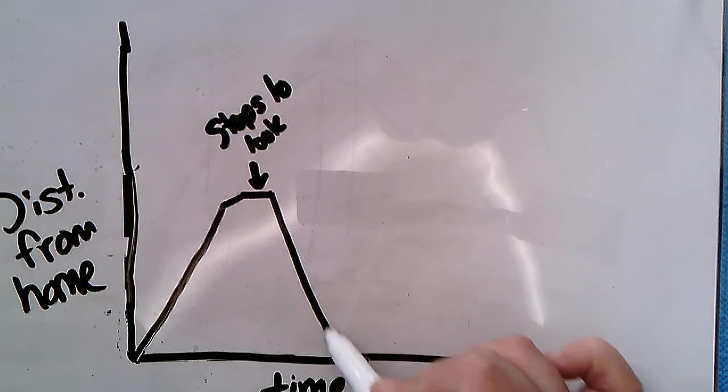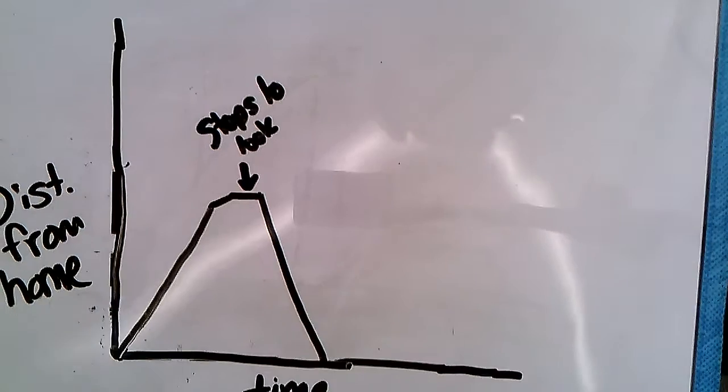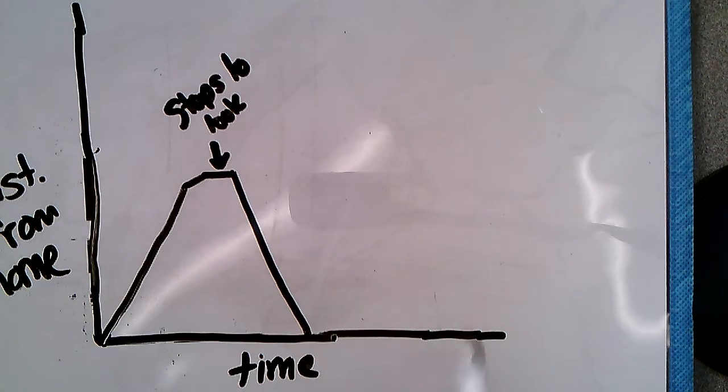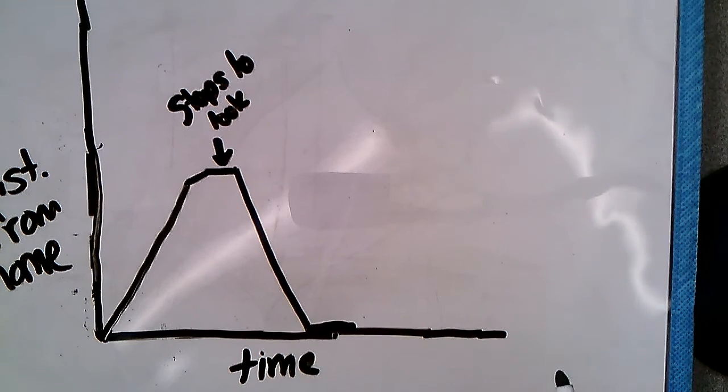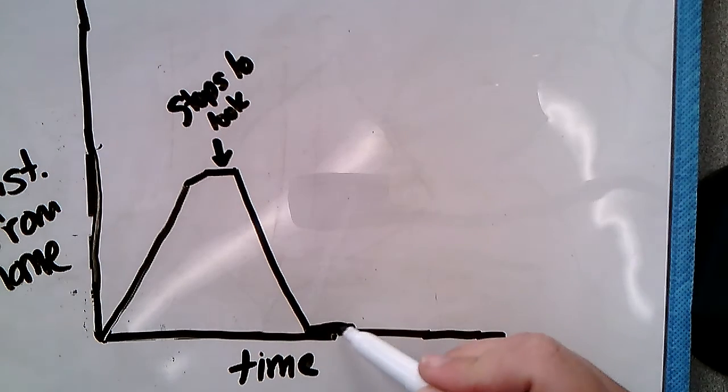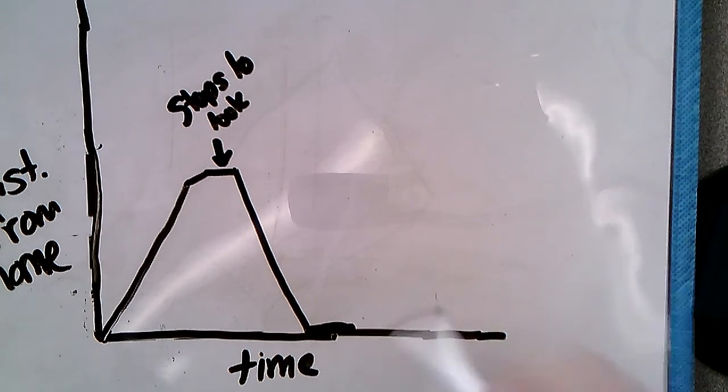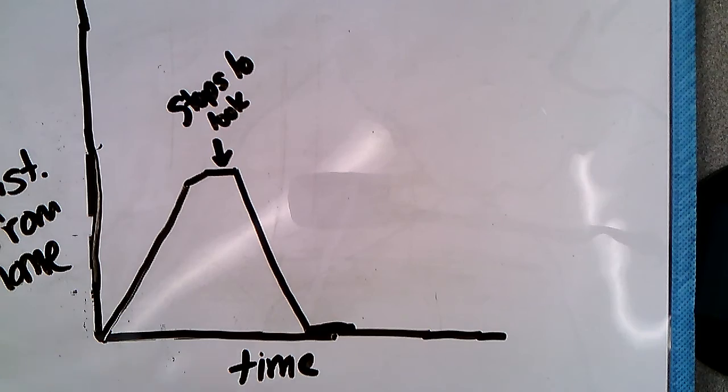Let's go back home. I'm going to have her walk a little bit faster because now she's kind of mad. Then when she gets home, she has to at least go in the house and look. So there's going to be a little flat space down here at the bottom. She's going to be at home for a minute or two. So that's what this flat space is. Again, time has to keep trucking. We have to show time, keep moving on.